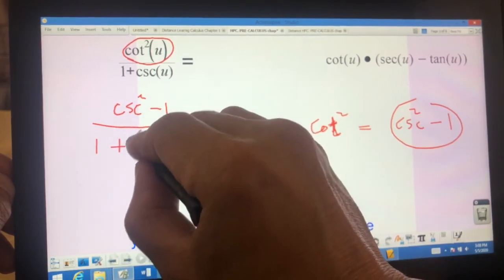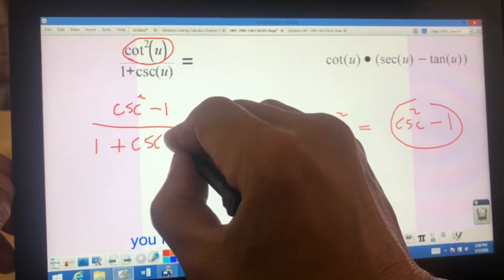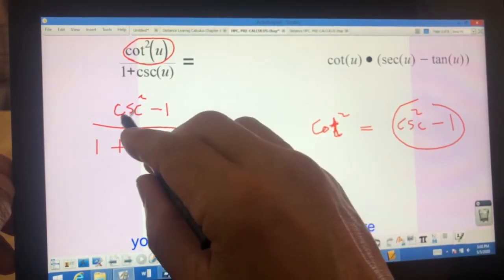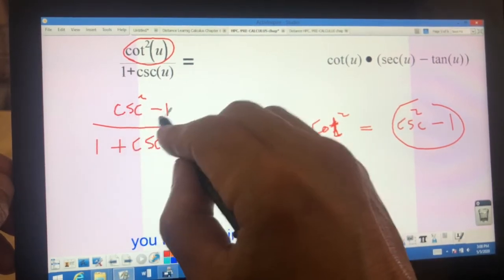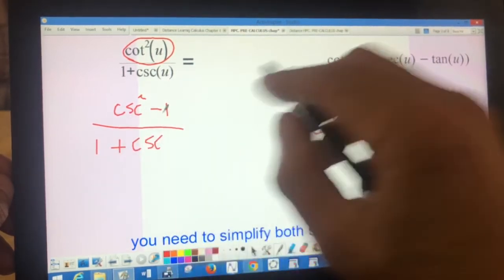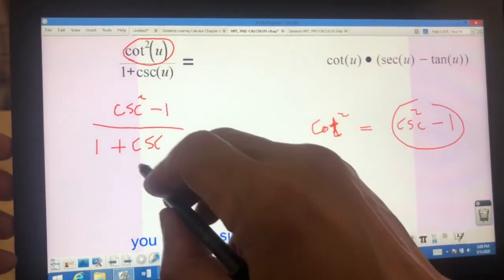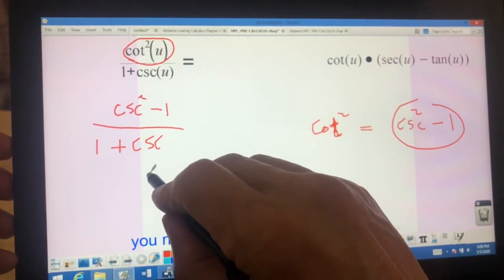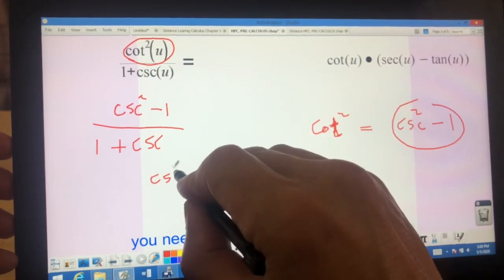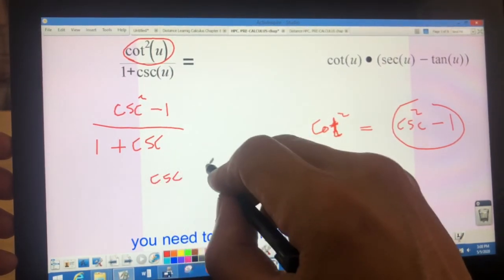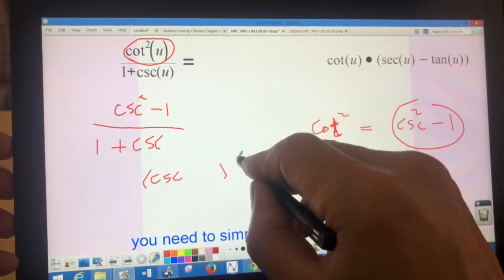1 plus cosecant. Now this is the fun part. This here is factorable, right? That's the difference of squares if you factor them. So you got cosecant square broken up into 2 parts like that.